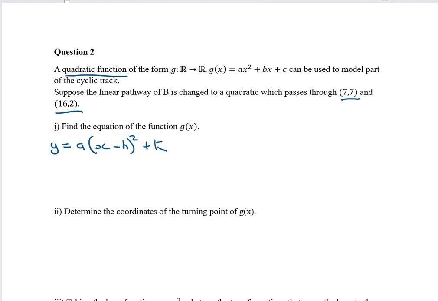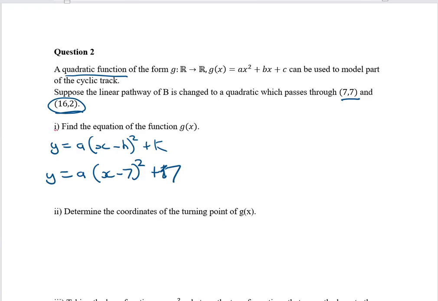I've got it in this form here, and straight away I'm going to put in my values for k and h based on my turning point. So that means I've got y is equal to a, x take away 7 squared plus 7. So now the only thing that you need to do is find a using the second point, which is 16 and 2.